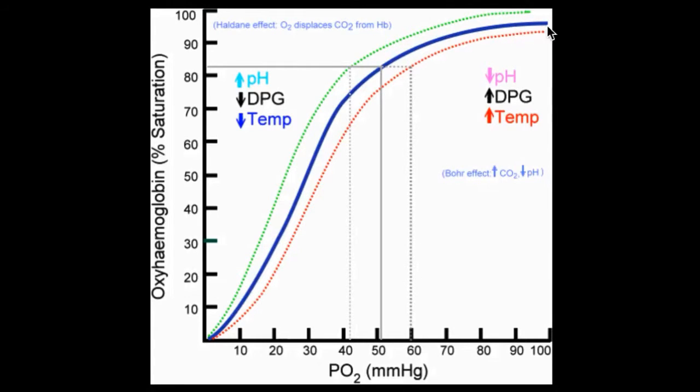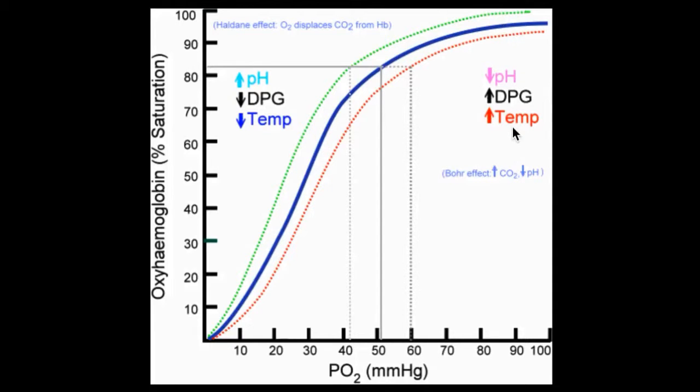And so this curve for hemoglobin is what's called a sigmoid curve. It just means that it's an S shape. And this top region, this area that's more flat, has the least slope, that area is where hemoglobin has a very high affinity for oxygen, and that means that it holds on to it very tightly.